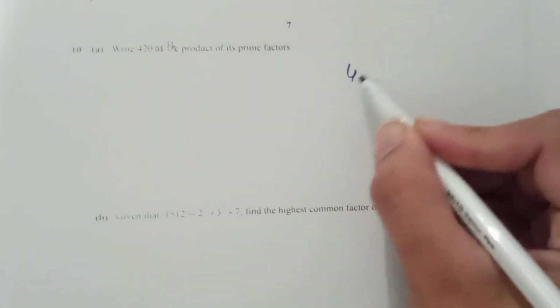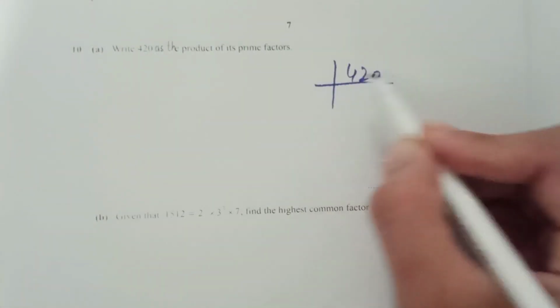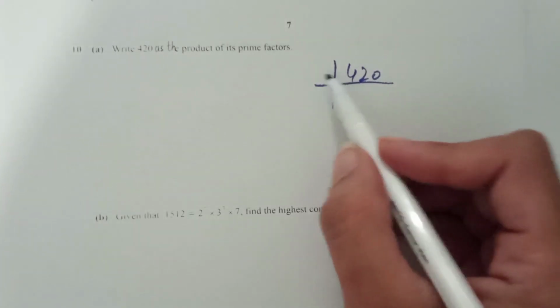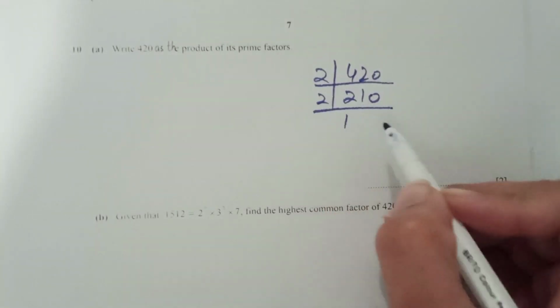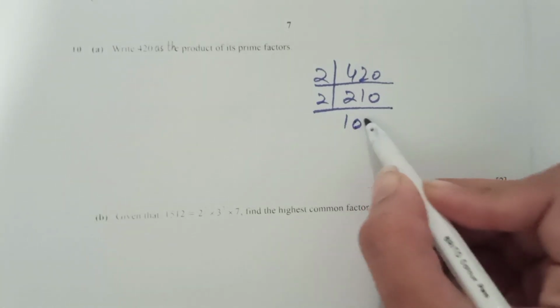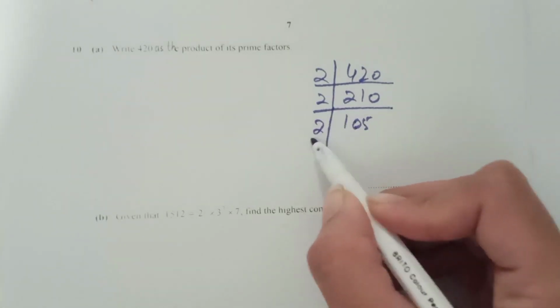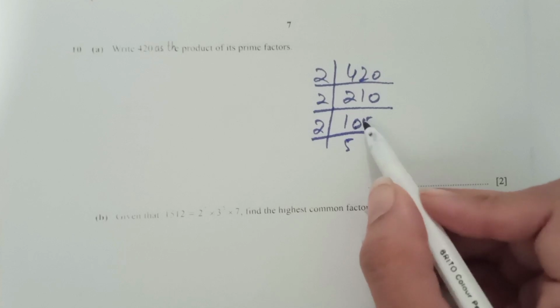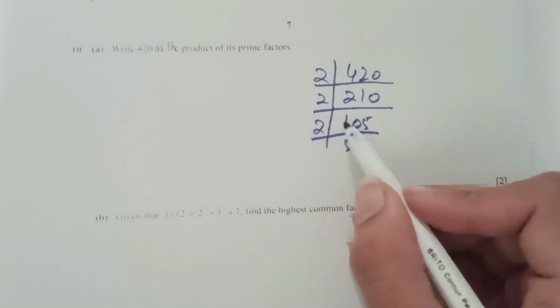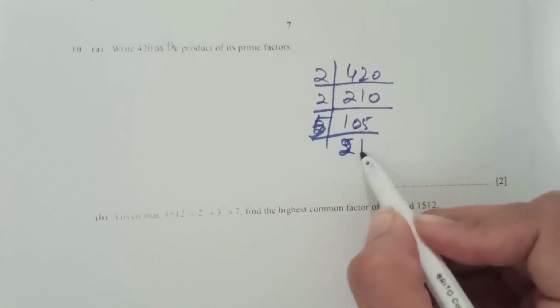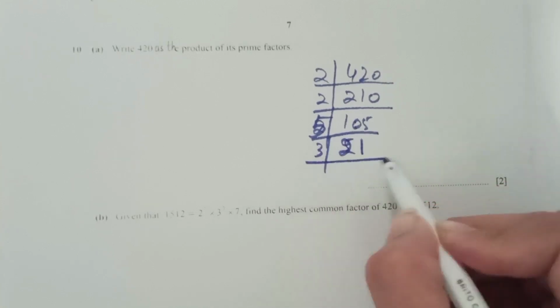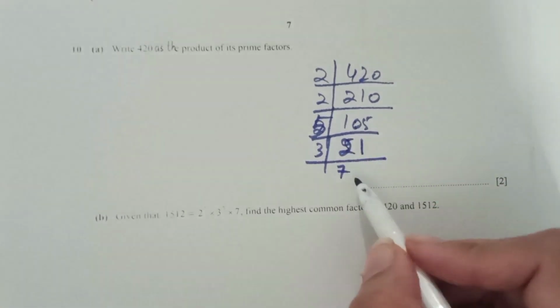We have to write its prime factors: 210, 105, and then 5, and it comes in the 5 table, 5 1, again 3 3, 7.